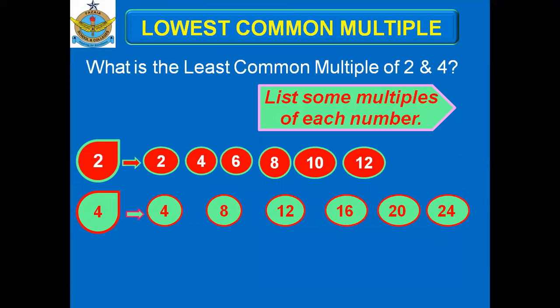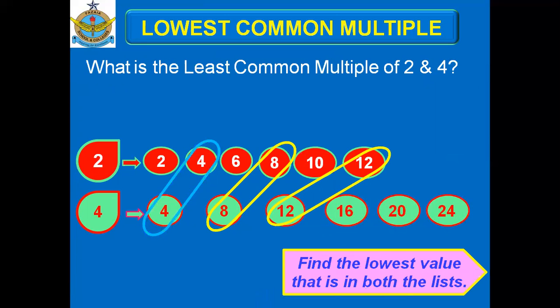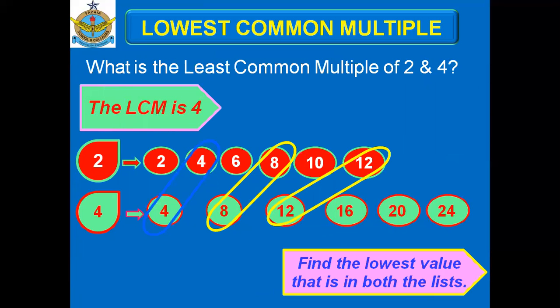Next, look for all the common multiples: 4, 8, and 12 are common. The last step is to find the lowest value in both lists. So 4 is the lowest value. 4 is our LCM because LCM stands for lowest common multiple.